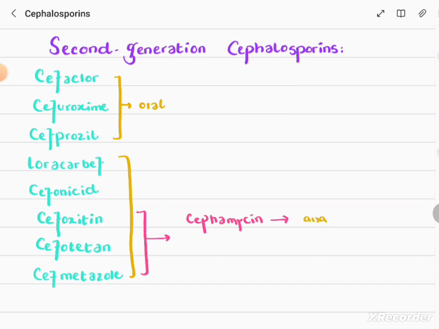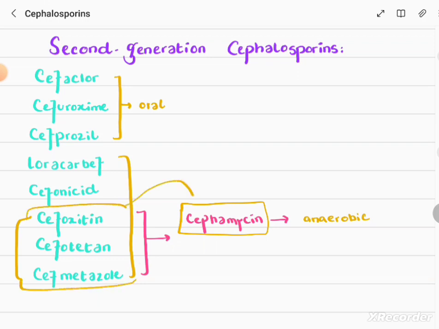They cover the anaerobic bacteria which the rest of the cephalosporins do not cover, and that is why they are called cephamycins, and they are placed in another subdivision of the second generation cephalosporins. So these are the 3 drugs: cefoxitin, cefotetan, and cefmetazole. Together they are called cephamycins because they have anaerobic coverage as well.